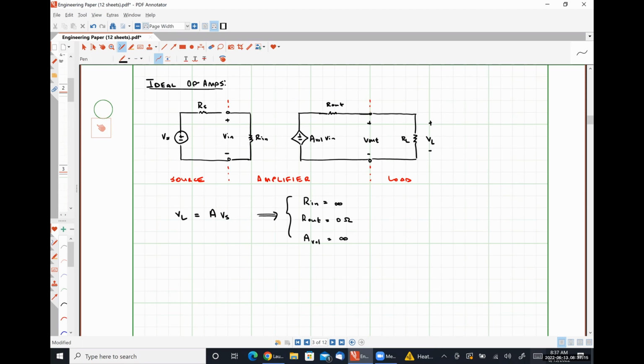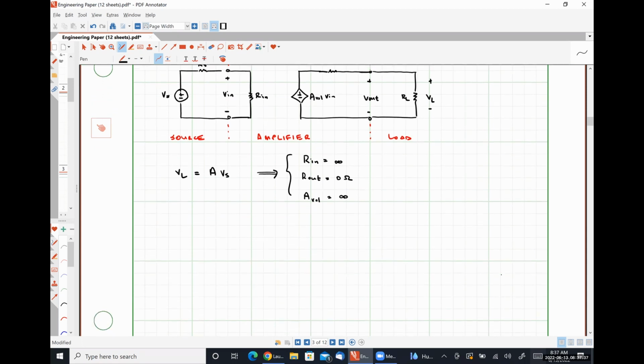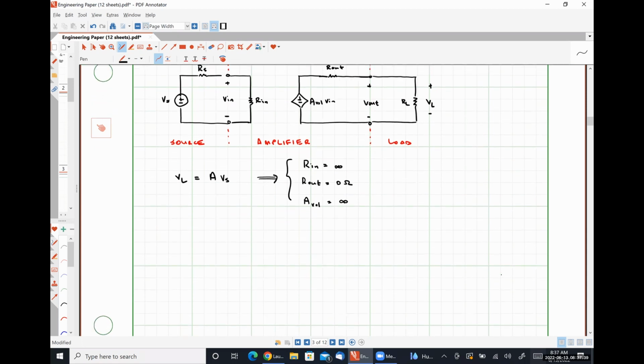So effectively, with an extraordinarily large open loop gain, our feedback network tells us what our fixed gain for our designed system will be. So these are our 3 idealized parameters. And what we are going to do now is reanalyze the circuit that we've been dealing with under these new parameters.